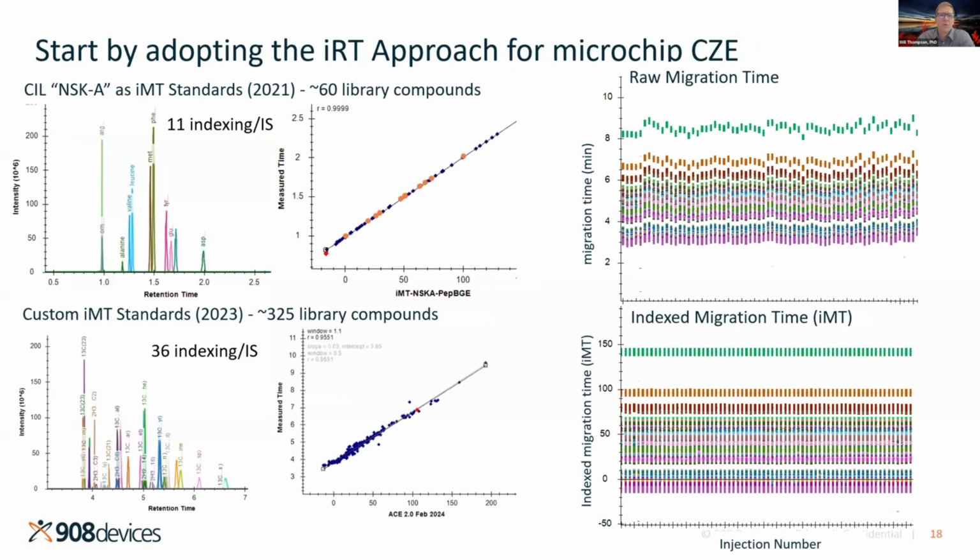Using the stable isotopes and IRT, we can come up with an intelligent approach to solve this problem. We started doing this back in 2021, quite some time ago, with just buying the NSKA approaches and building these indexing. So the first step is just to correct any migration time variability you see across the study.